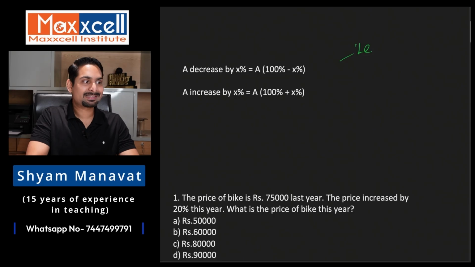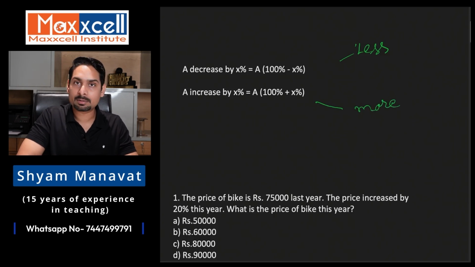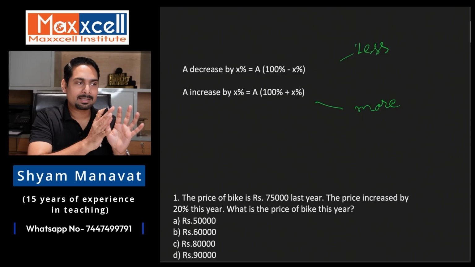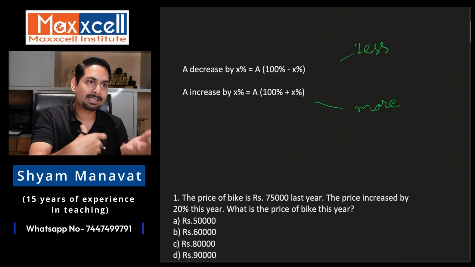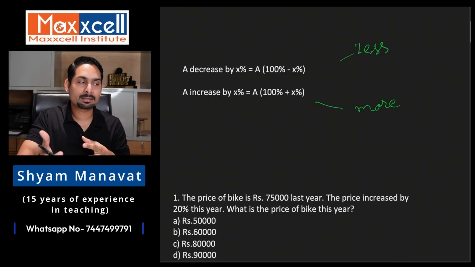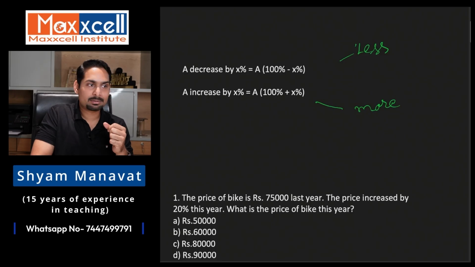So here decrease can also be called less, and increase can be called more. Any synonym or any word which gives you the feeling of more, increase, growth, higher, you can use this particular expression. Here we have discussed that every number is 100% for itself.